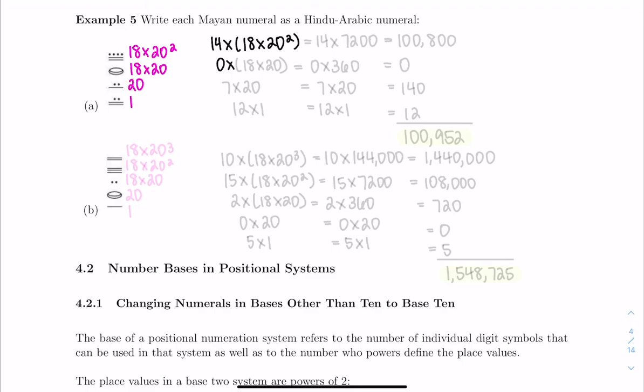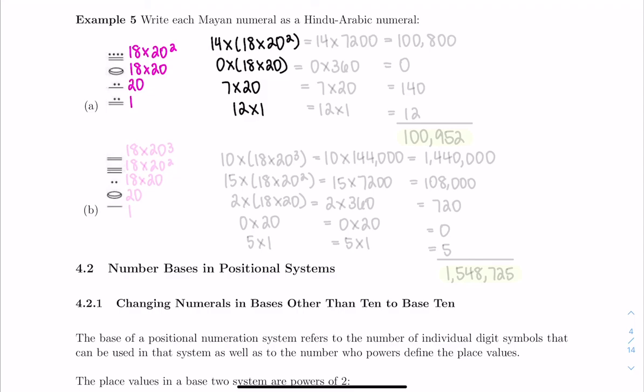So that's like saying 0 times 18 times 20. The next one down, we have a line with 2 dots. Well, that's 7. So that's like 7 times 20. In the bottom one, we have 2 lines with 2 dots, which is 12. So we have 12 times 1.